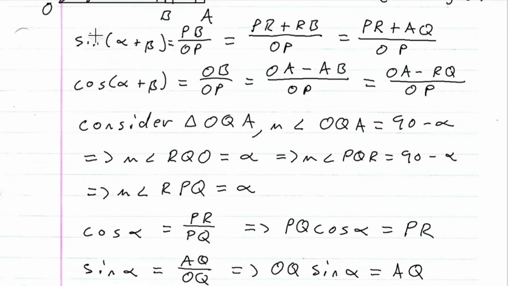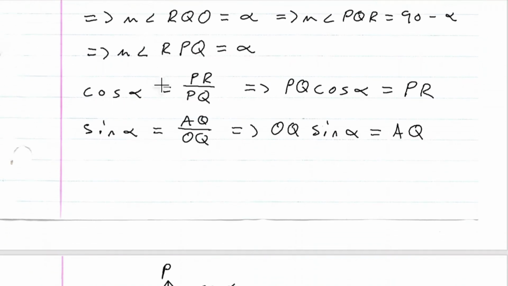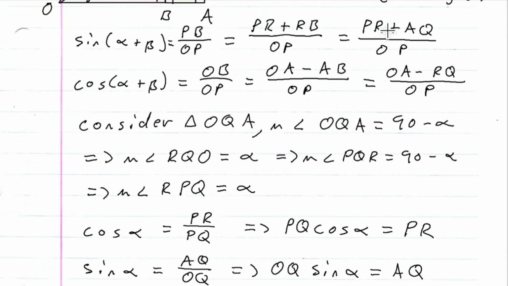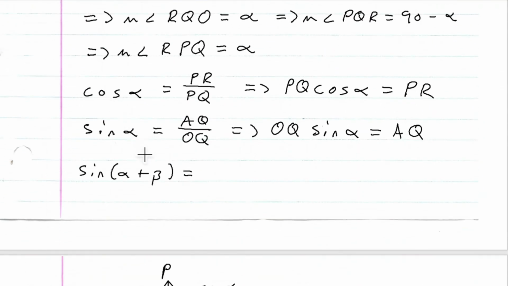So let's go ahead and revisit sine of alpha plus beta. This means sine of alpha plus beta is equal to PR plus AQ over OP.